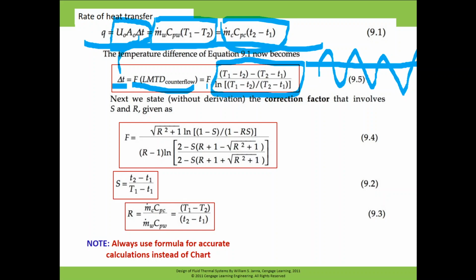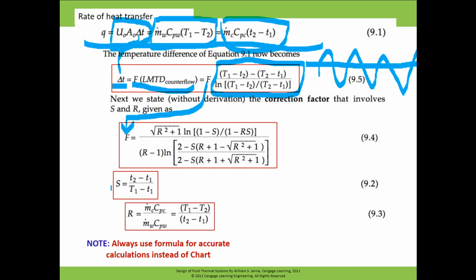So what is this correction factor and how do we calculate it? This correction factor F has a long expression, and that comes from an experimental correlation, where the correction factor F comes out in terms of R and S. Then what is R and what is S?